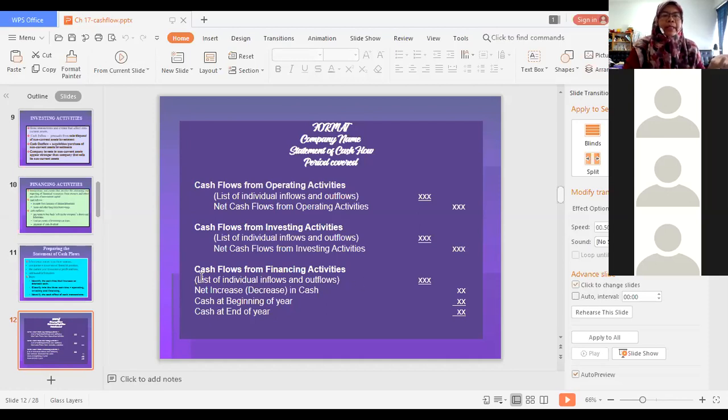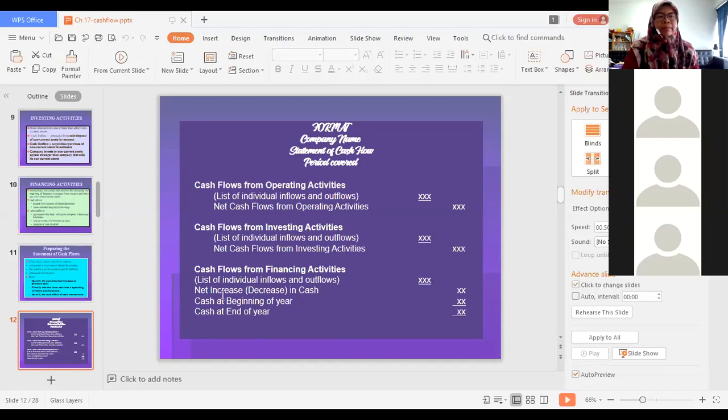So you can list here issuance of shares. If you don't remember the term issuance, fine, selling of shares. When you sell shares, you get the money coming in, so it should be a positive amount. And then what else? Loan.